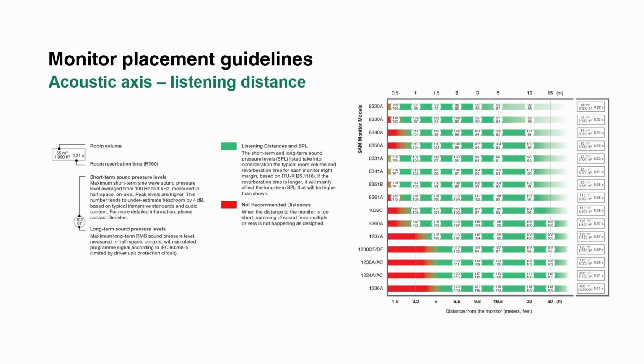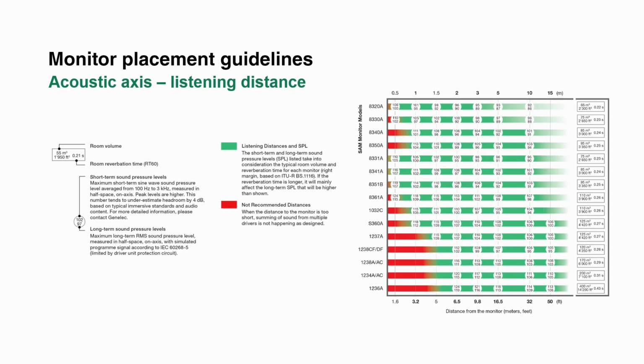So whether you're working at 5 meters or less than a meter, you will experience the sound hitting you at the same time. When we're looking at a two-way product, because the two drivers, the tweeter and the woofer, are positioned on a slightly different plane, there is a certain distance at which they align. So if we look at something like our 8340, ideally we wouldn't want to look at a distance any shorter than 0.6 of a meter.